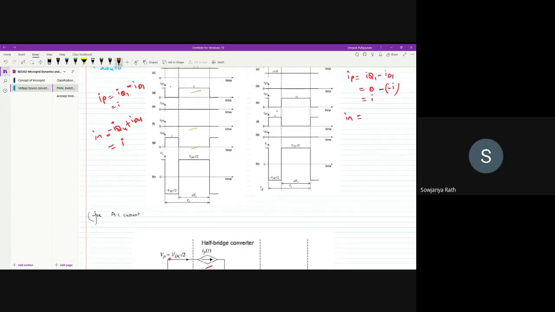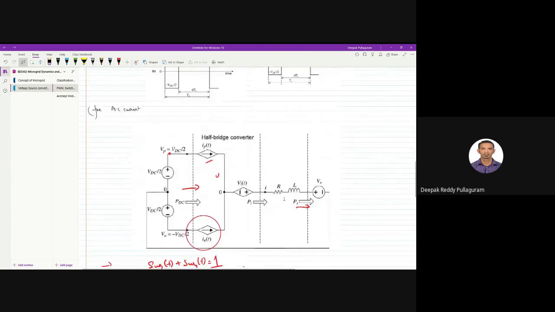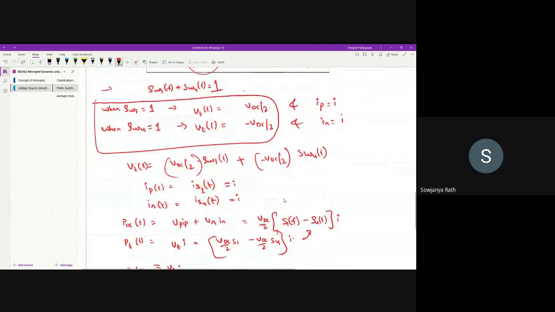Minus IQ4 plus ID4. Minus of minus I, IQ4 plus ID4 plus 0, so positive. So at any state, what are you getting here? Positive. When the switch is on, it is I. So that's what I try to say here. Is that clear, all of you?